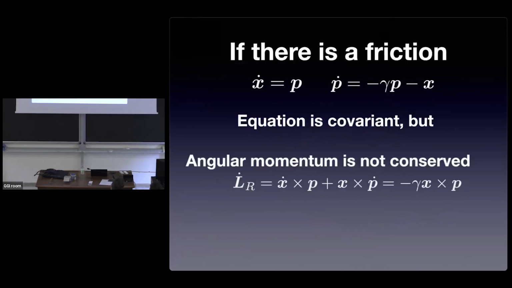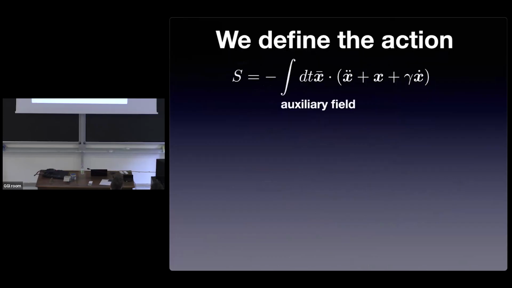Now we want to put some friction here. Then the equation itself is still covariant. But of course, the angular momentum is not conserved because of the existence of this term. But still, we can define an action for this system. Of course, this is a dissipative system, so the action itself is not the usual one, but you can define this kind of action by introducing an auxiliary field.